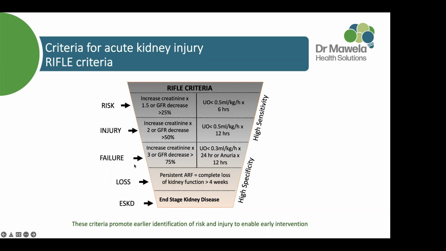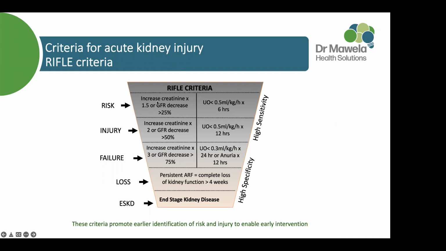Because more than half the time, when we say someone has been picked up, we are suspecting kidney injury, we find that it's already too late. Half the time, patients have already lost most of their kidney function.